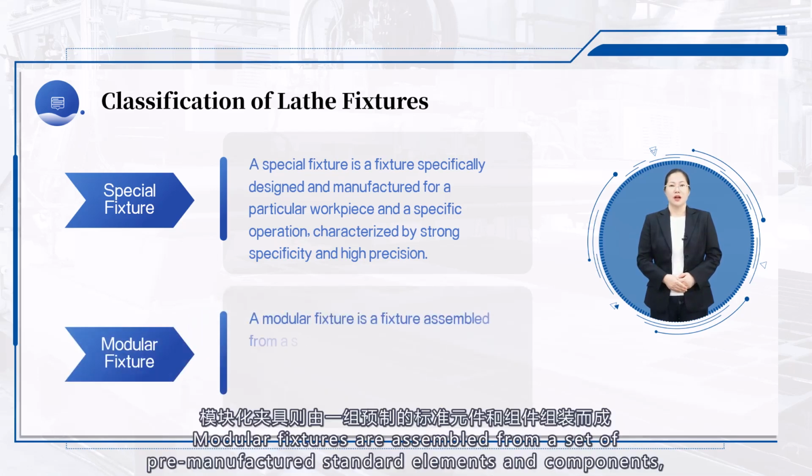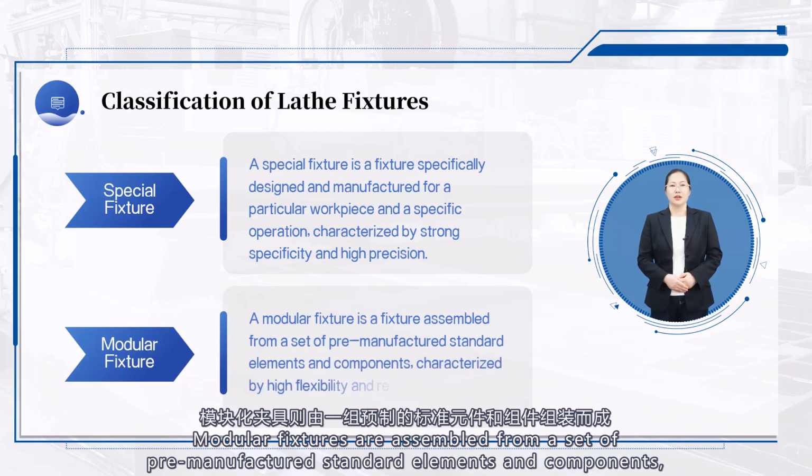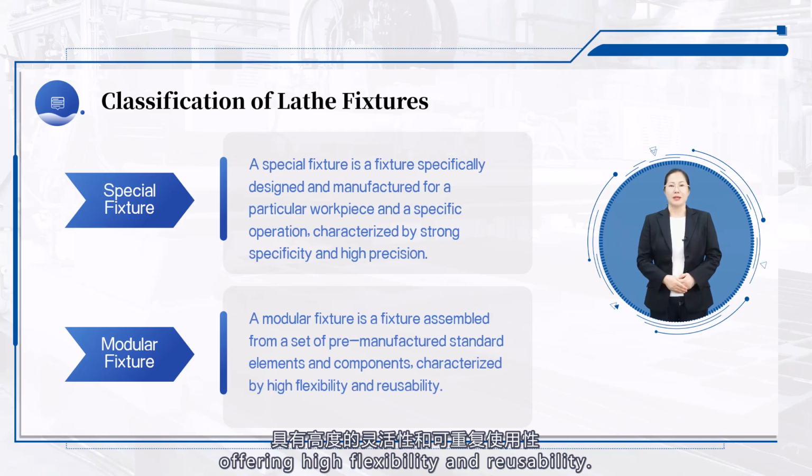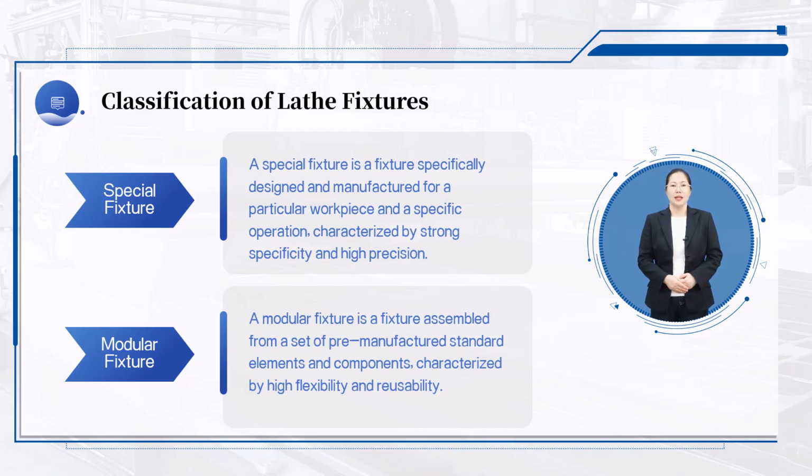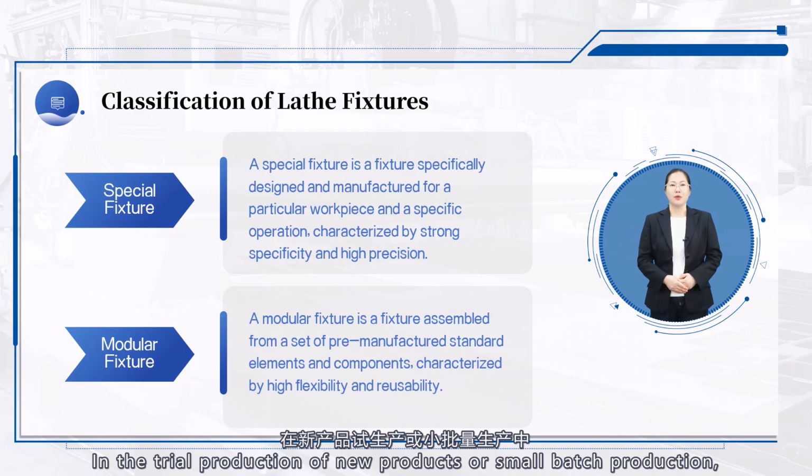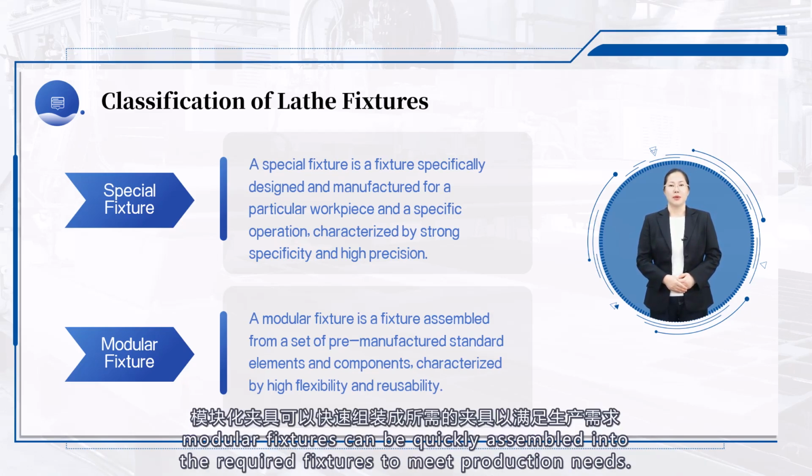Modular fixtures are assembled from a set of pre-manufactured standard elements and components, offering high flexibility and reusability. In the trial production of new products or small batch production, modular fixtures can be quickly assembled into the required fixtures to meet production needs.